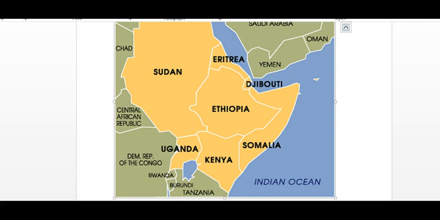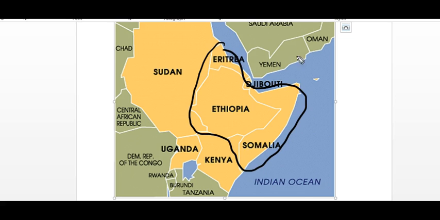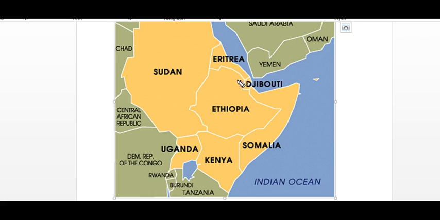In this image, you can see the Horn of Africa. This is the Horn of Africa where 4 nations are located. The names of the nations in the Horn of Africa are important for the prelims examination every year. The 4 nations are Ethiopia, Somalia, Eritrea and Djibouti.